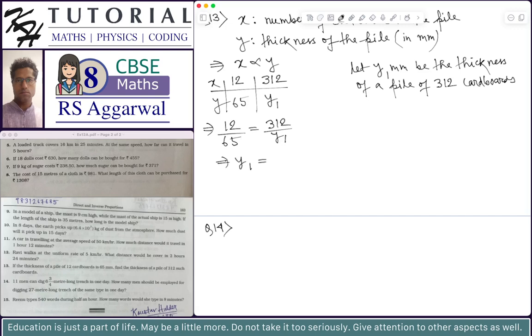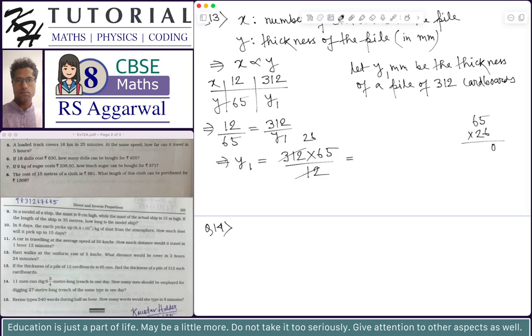Y1 is equal to 312 multiplied by 65 divided by 12. So I think 12 will divide 312. So 12 2s are 24, 7 and 6. So this is equal to, we have to find what is 65 multiplied by 26.